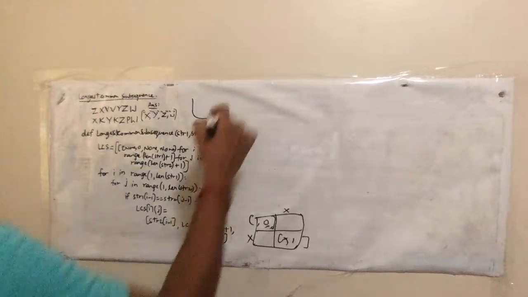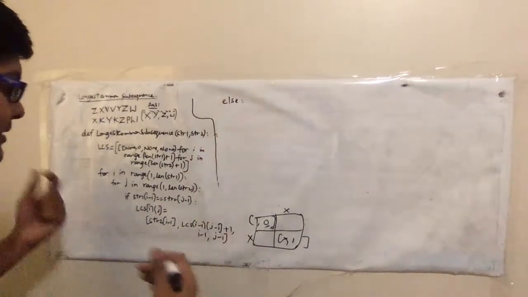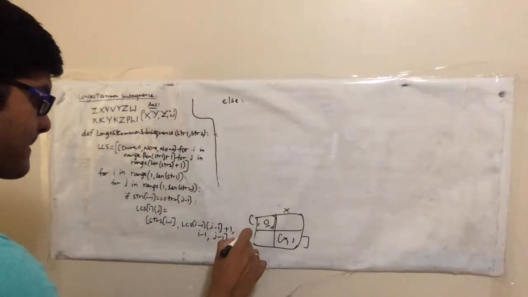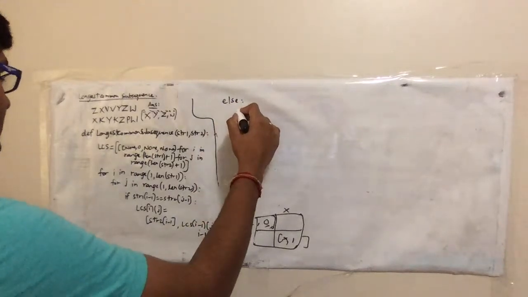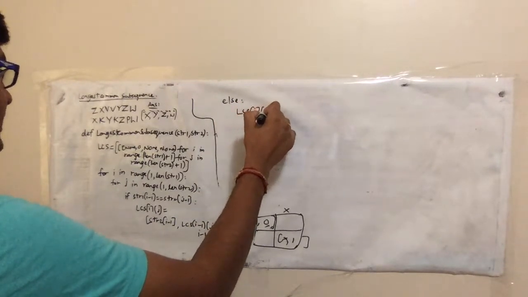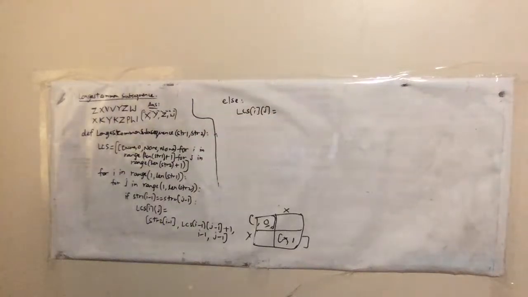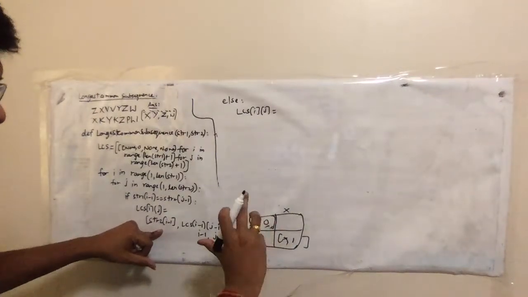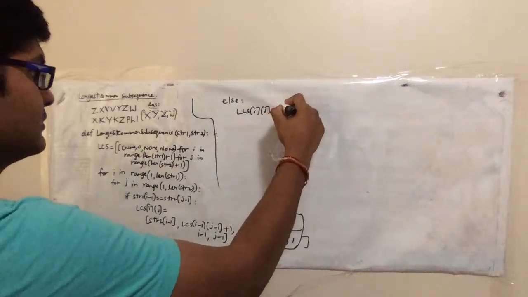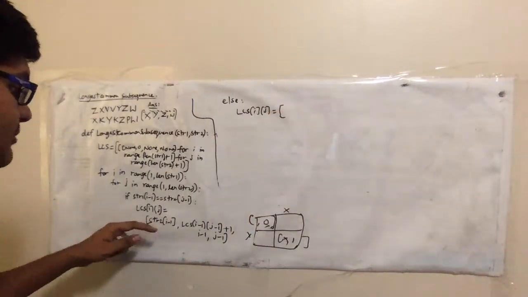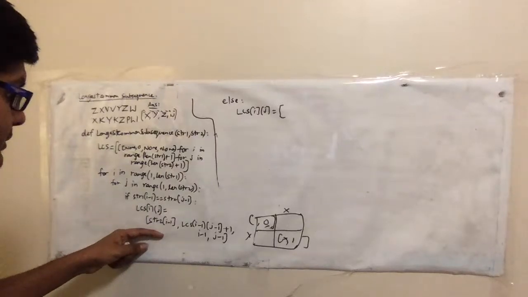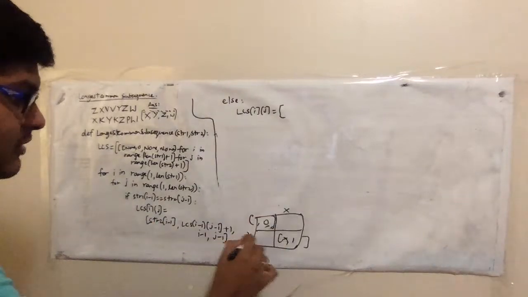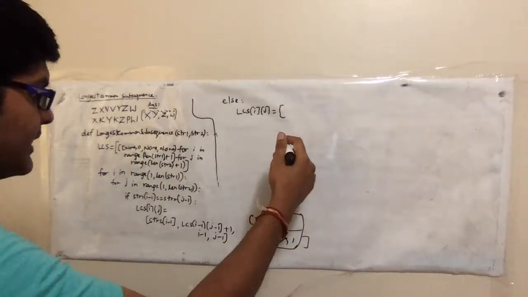Okay, so else, if the characters are not equal, how will you proceed with this? So x is there and y is there. So then LCS of I j will become, so as we talked, the maximum of the characters. So this would be a cell. The maximum characters would be, the first element would not be anything, because we are not adding anything x or y to the new cell, so it would be still none.